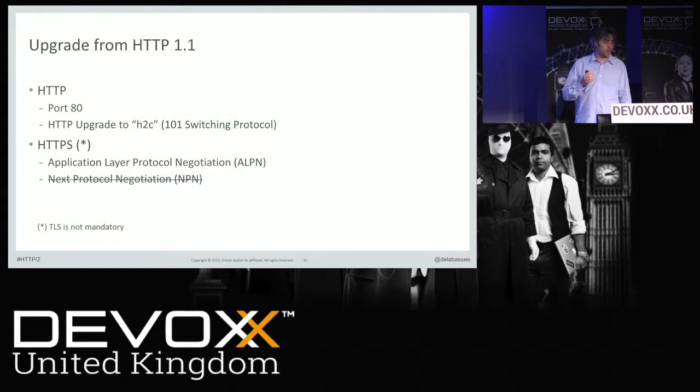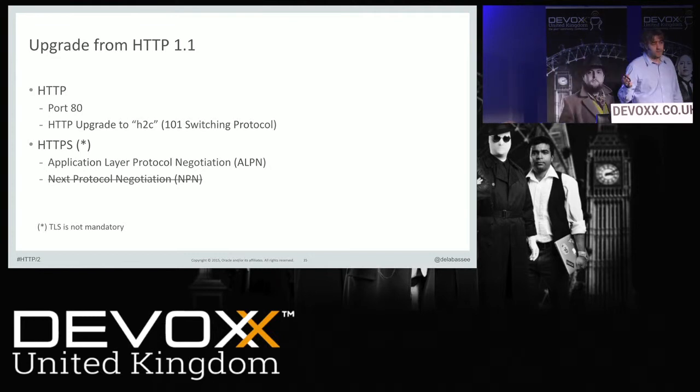Very quickly, the switch to HTTP2 will not happen overnight. HTTP 1.1 is here, and HTTP 1.1 will stay for the next 10 years maybe. So HTTP 2 can obviously coexist with HTTP 1.1.